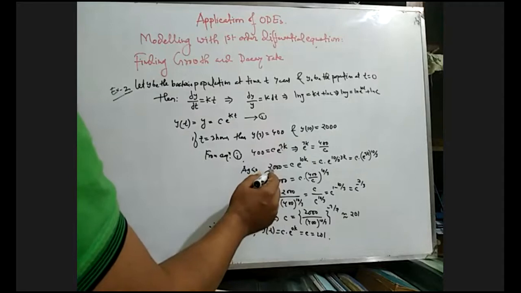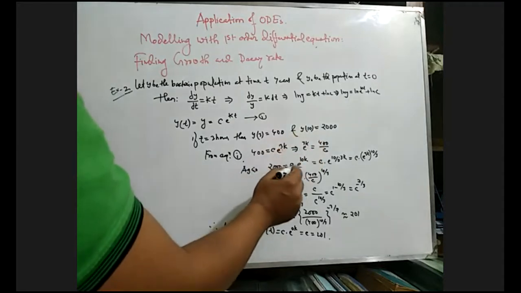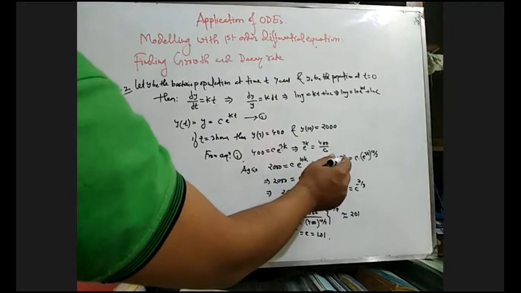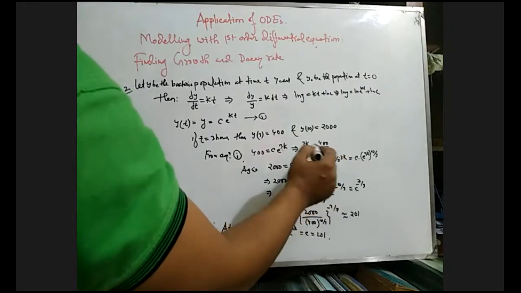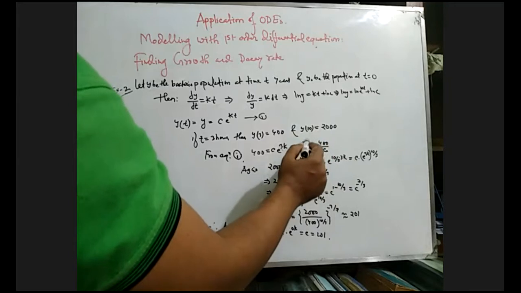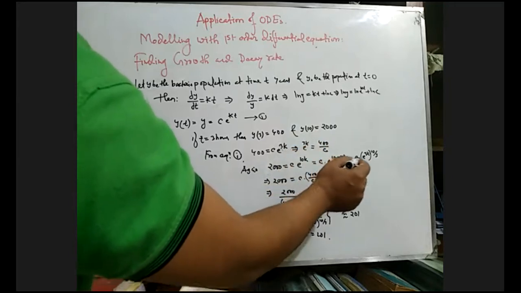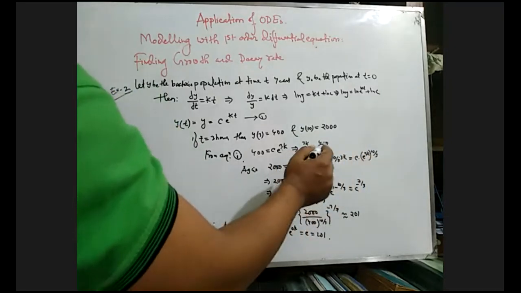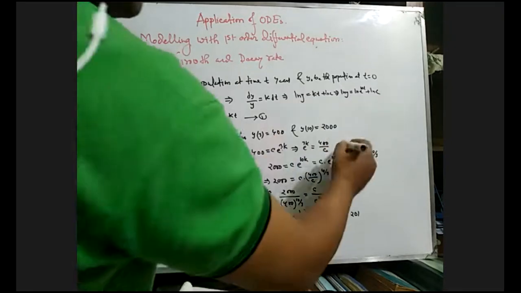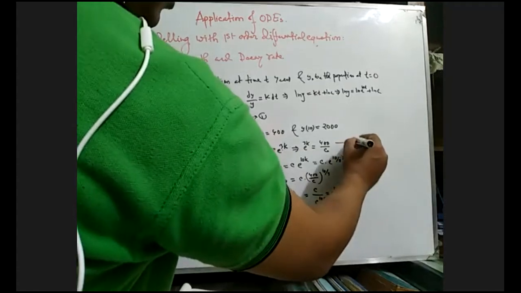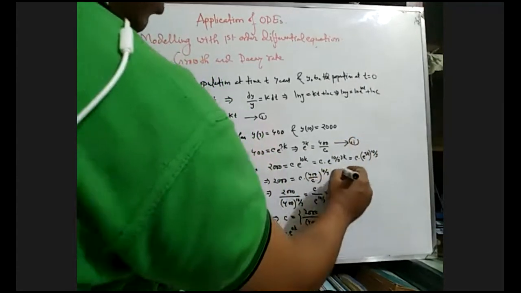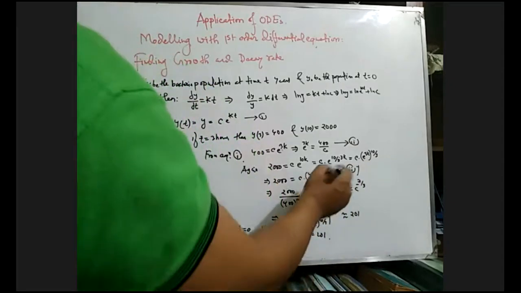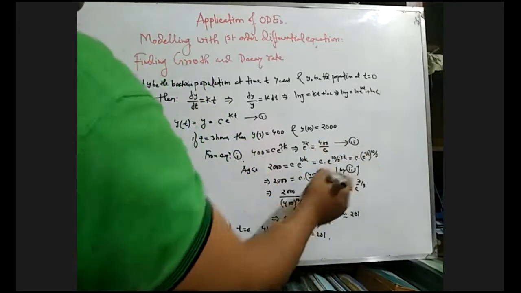So 2000 equals c into e to the power 10k, but e to the power 10k can be written as 10 by 3 into 3k, the 3 cancels, giving 10k. Using this, e to the power 3k into 10 by 3. Now putting the values of e to the power 3k, this is equation number 2. By equation 2, we can write 400 by c e to the power 3k.